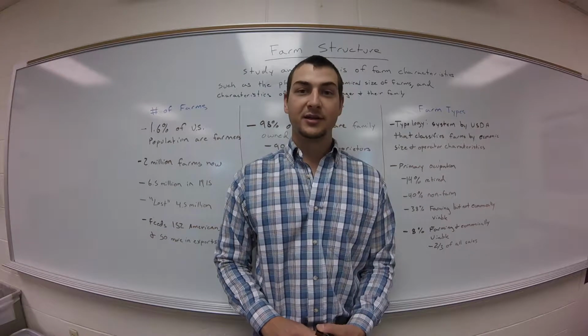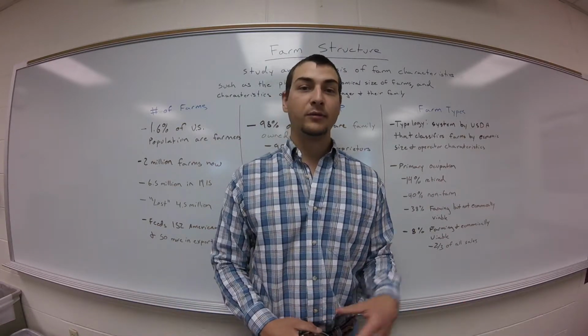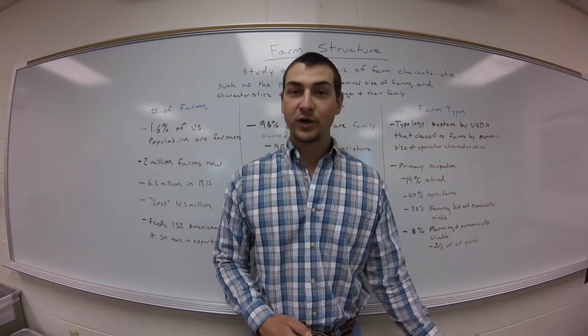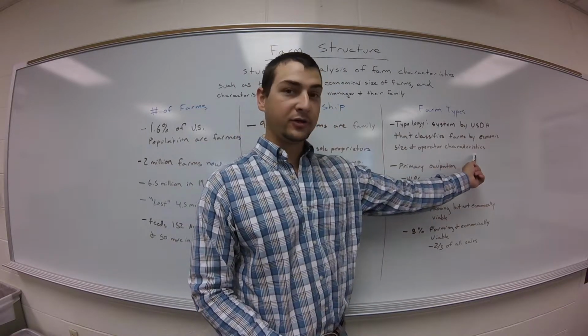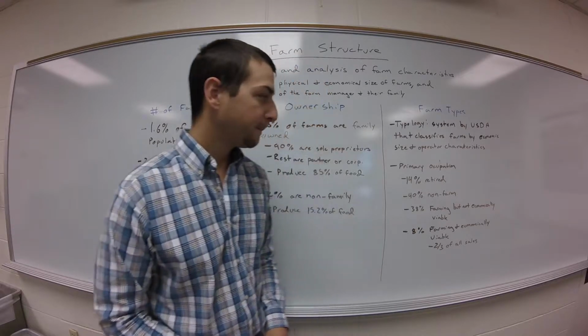Or different characteristics such as how many are women, how many are men, how many are over the age of 65, how many are younger, how many are third generation farmers, or something of that nature. It looks at the operator characteristics while also looking at the economic size of it.